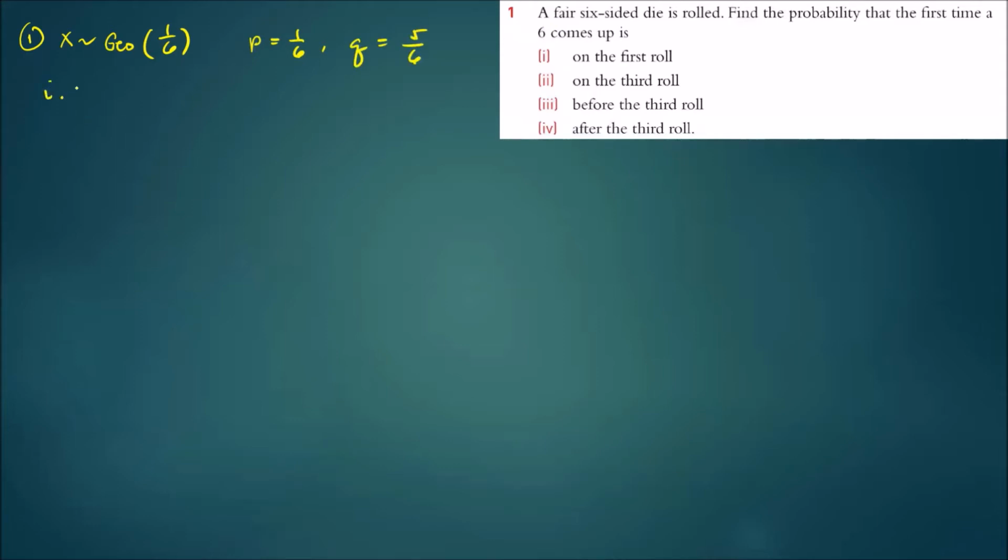To answer I, the probability that a 6 will come up on the first roll, we are looking for the probability that X is equal to 1. Going back to our formula, P sub R is equal to P multiplied by (1 minus P) raised to R minus 1.